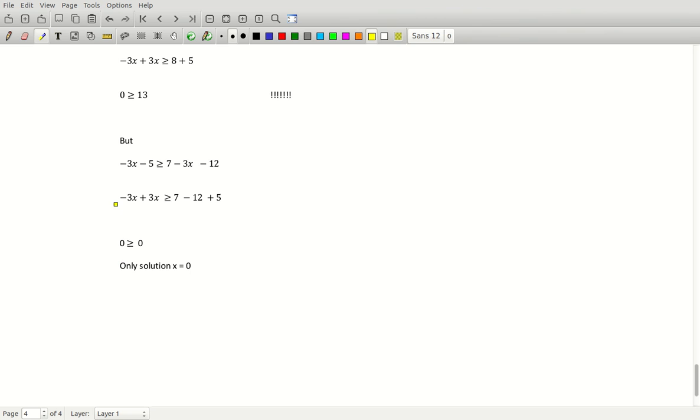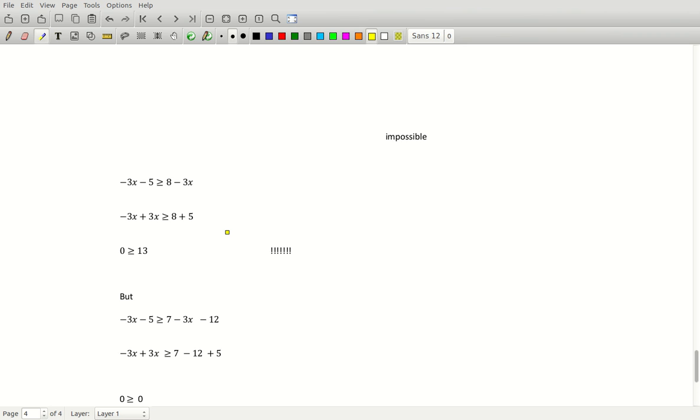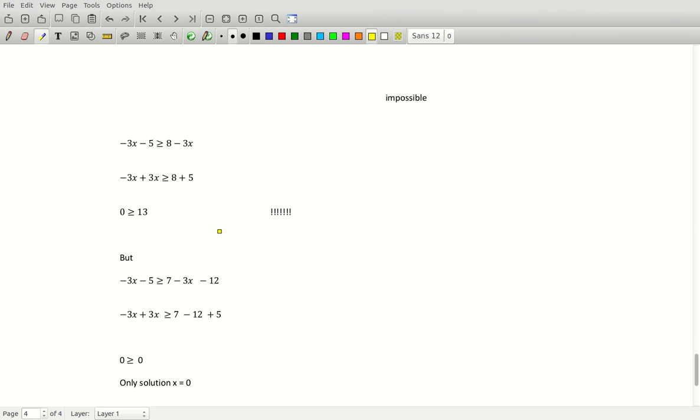That means minus 3x plus 3x is 0, but 7 minus 12 plus 5 is equal to 0. So I obtain 0 greater or equal 0.